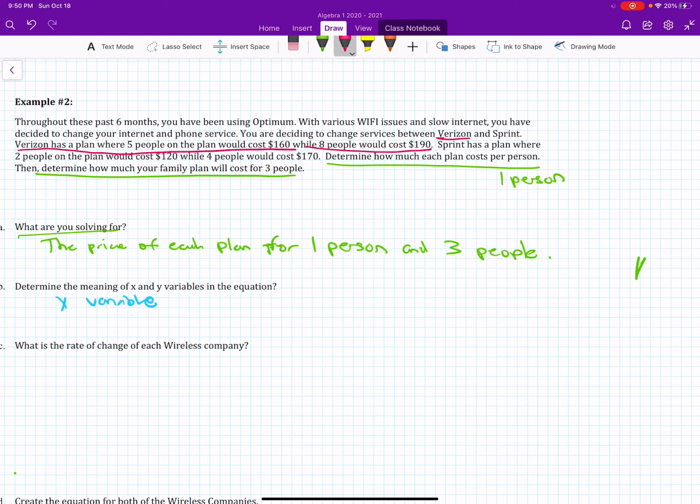So one of them is going to be people, and the other is going to be cost. Well, people influence money in this case. The more people you are, the higher it goes, right? I have 5 people, it goes to 160. I have 8 people, it goes to 190. It's not the other way around. Therefore, my independent variable is going to be the number of people.